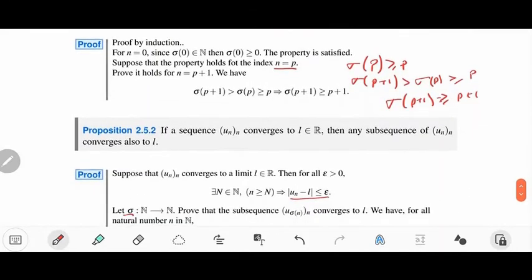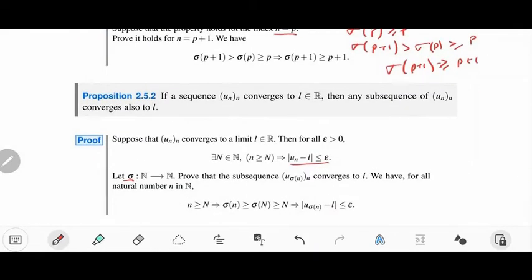Since we have |un minus L| less than epsilon for any n greater than big N, then for sure you will have sigma of n greater than sigma of N, right? And sigma of n according to the latter proposition is greater than n.